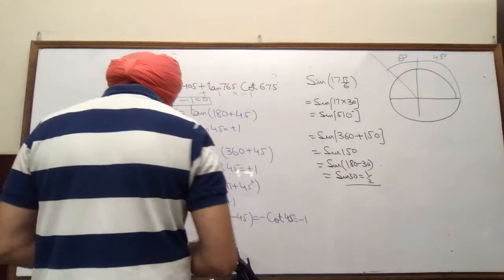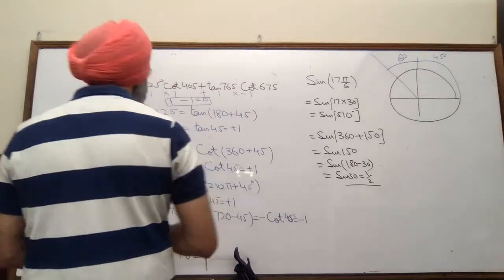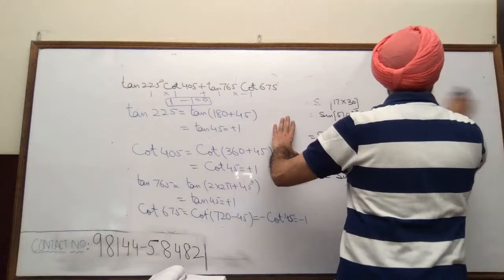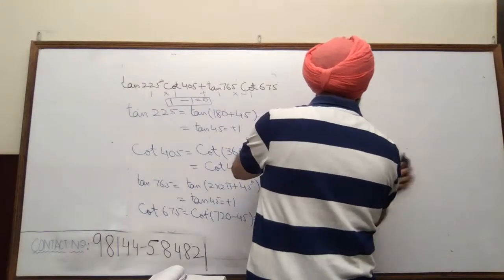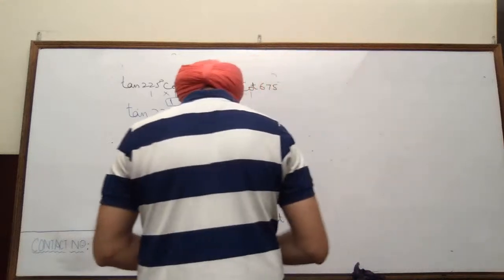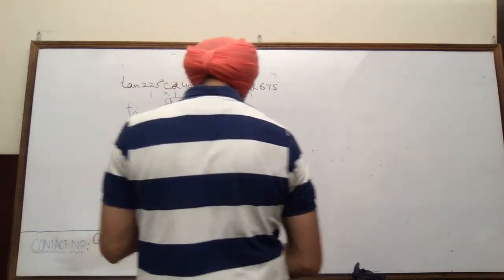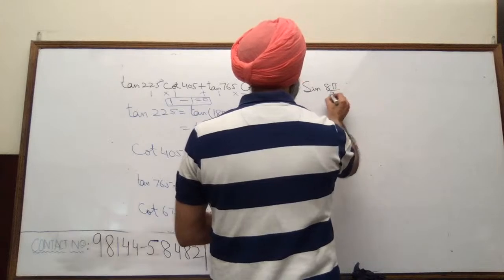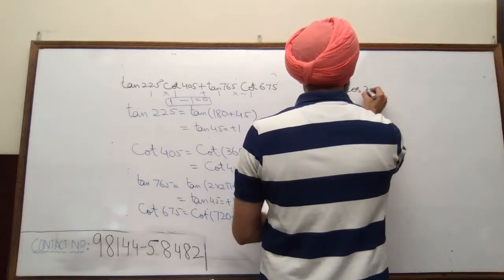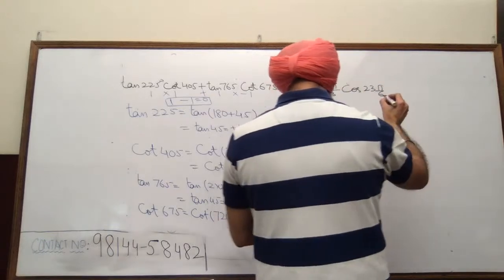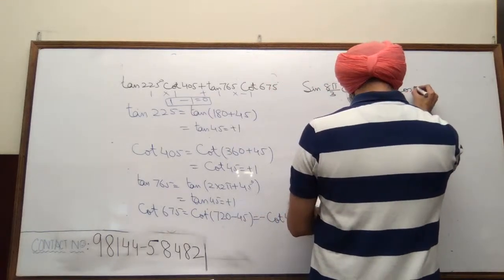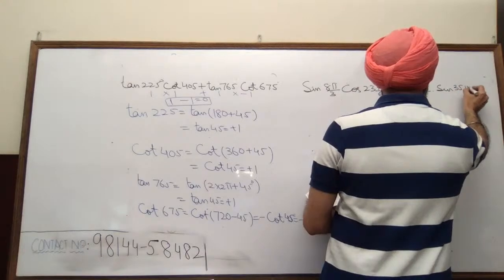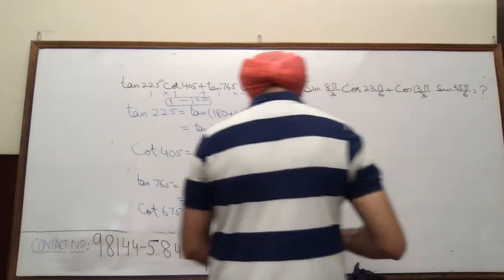Now please solve the next one. This is sine of 8 pi by 3 into cos of 23 pi by 6 plus cos of 13 pi by 3 into sine of 35 pi by 6, and you have to find the value of this.